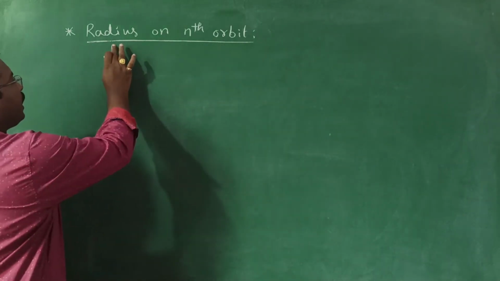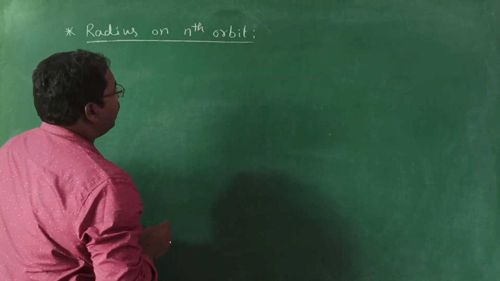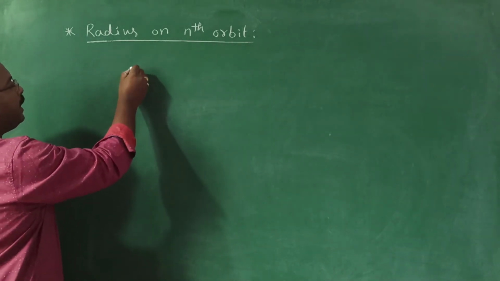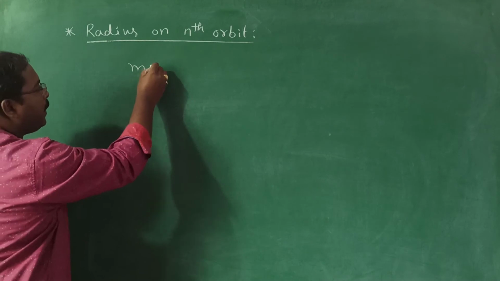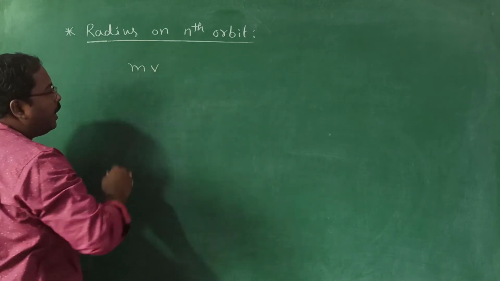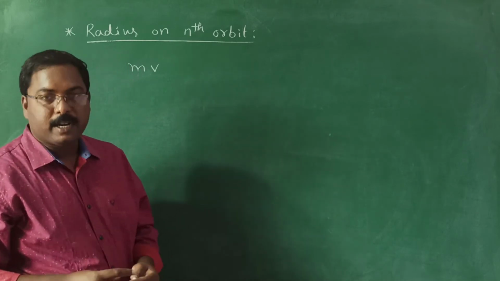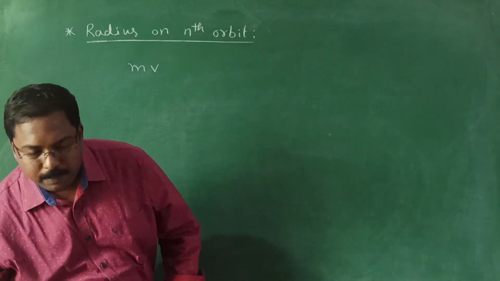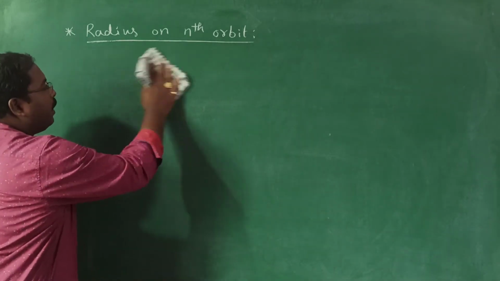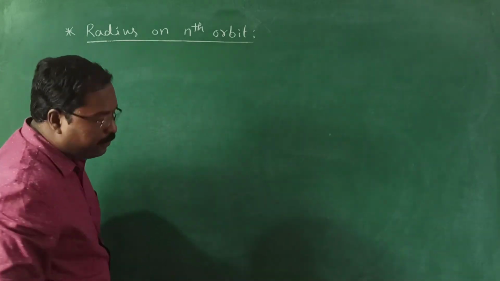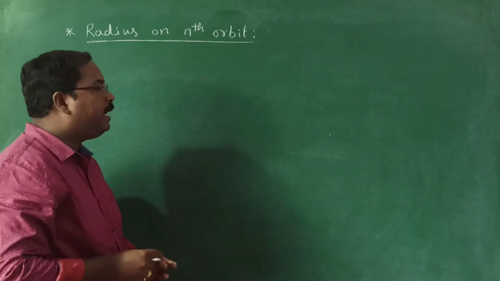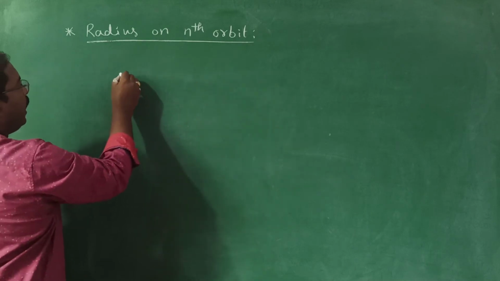Now, radius of nth orbit. How can we get the radius of the nth orbit? In the previous case, we have seen mvr is equal to nh by 2 pi. From that, we can derive all of this. But I told you, derivation of these formulas is not needed. Just simply note down the value.